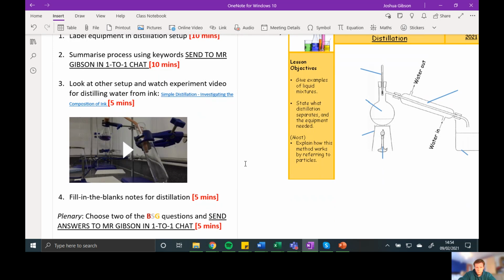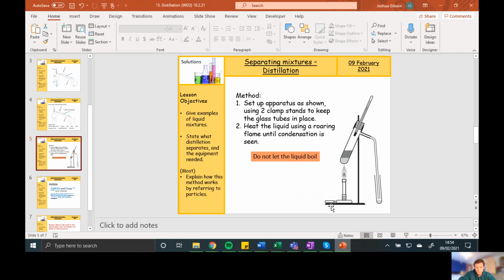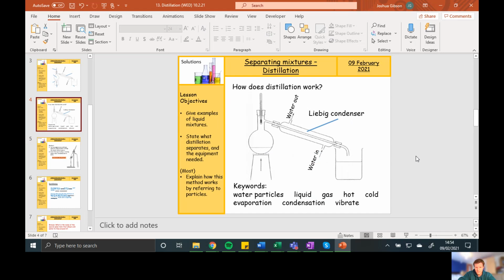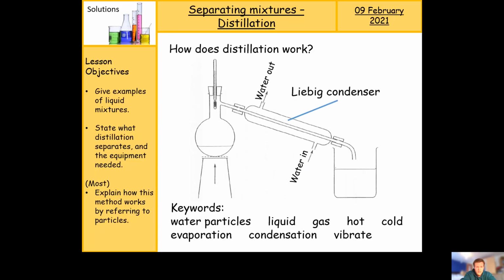So you can imagine if I have this setup, and in here I have my water and ink instead of salt and water, and water boils at 100 degrees and ink boils at 118 degrees, if we're careful with the heat, we can boil the water by getting up to 100, but if we keep taking the heat away, it won't get hot enough for the ink to evaporate.